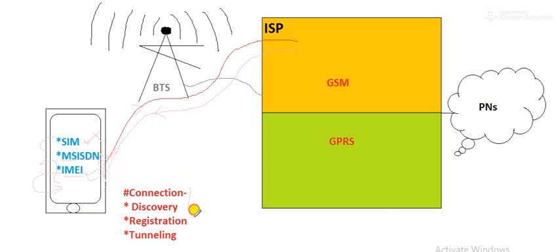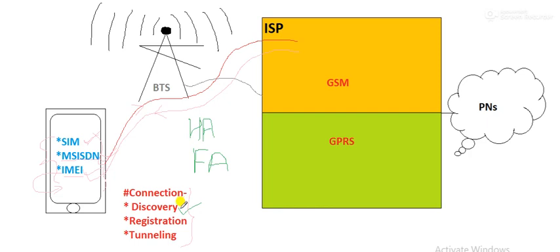We also learned how the registration takes place: first of all the agent discovery is done. The agent might be either a home agent or a foreign agent. We already know those terms, which are very simple, and in previous sessions I have already explained them.